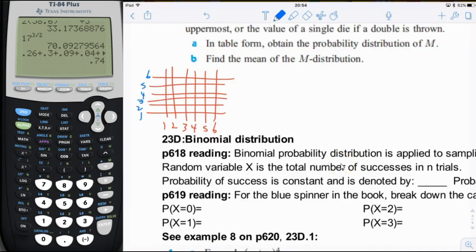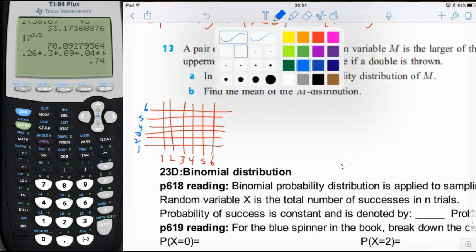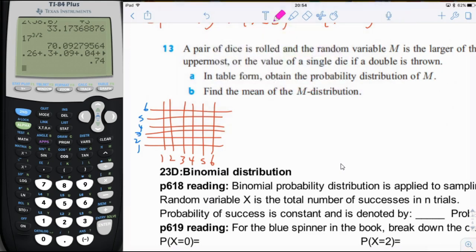Okay, as I've been preaching, whenever you have a problem where you roll 2 dice, it's better to draw the grid so you can see all the possibilities. So, looking at all these combinations of blue and red dice rolls, how many of these is going to result in a 6, where the maximum value is 6 on both rolls?